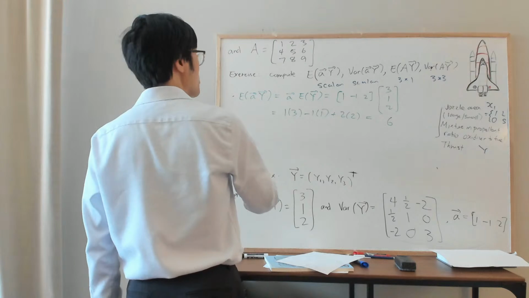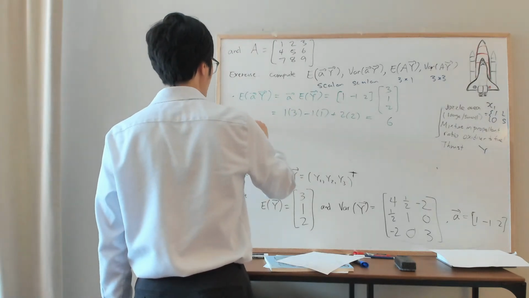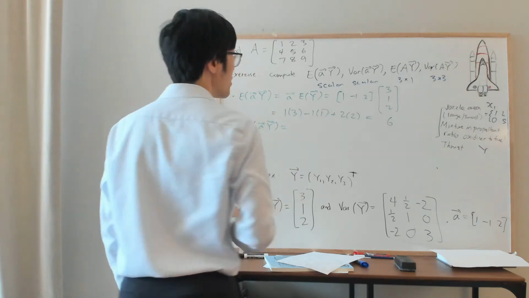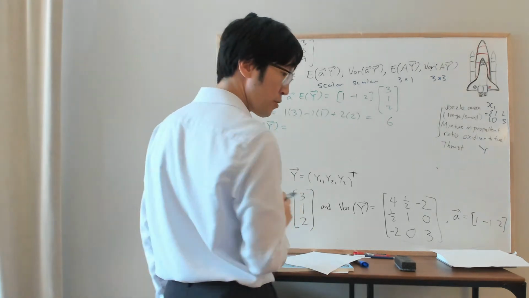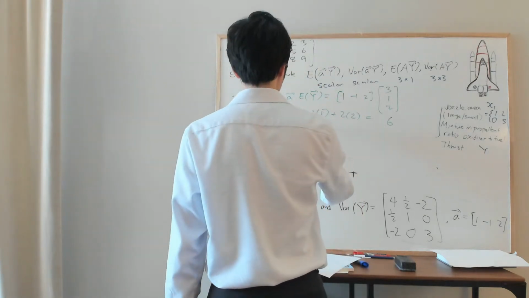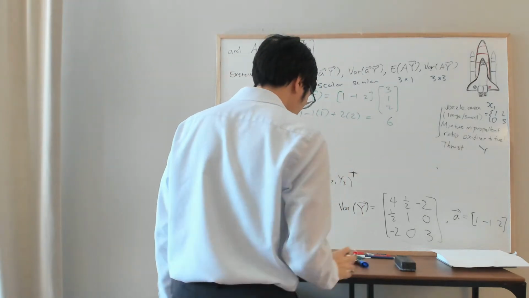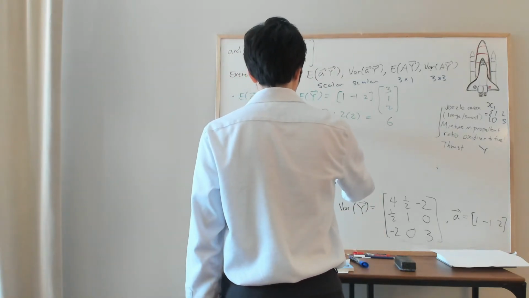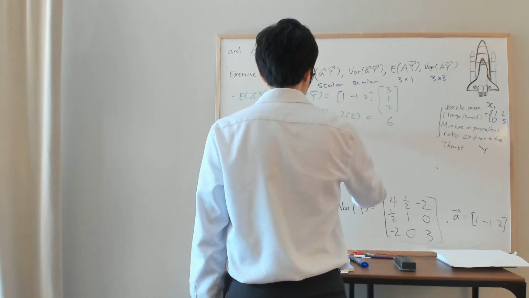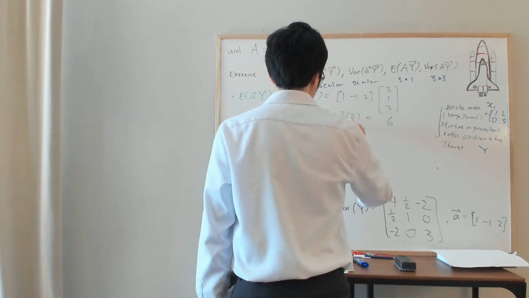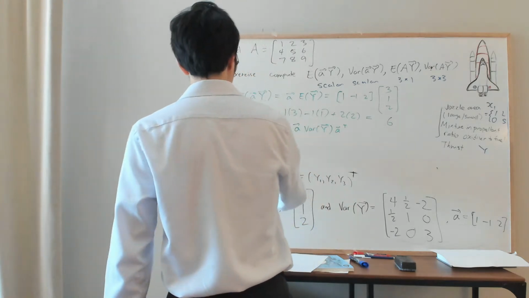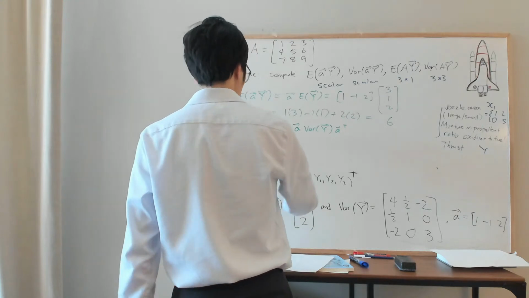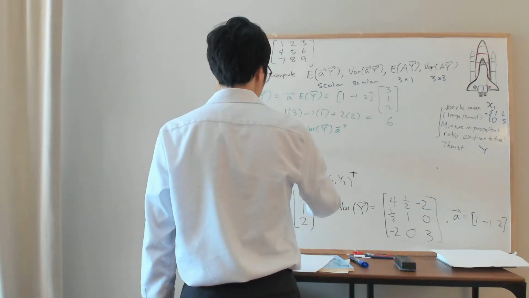Okay, and so similarly, let's do the variance as well. Variance of A y. Okay, so in our fact, we saw that we get this as A times the covariance matrix of y times A transpose. Okay, so let's write out the vector A, so 1, minus 1, and 2.